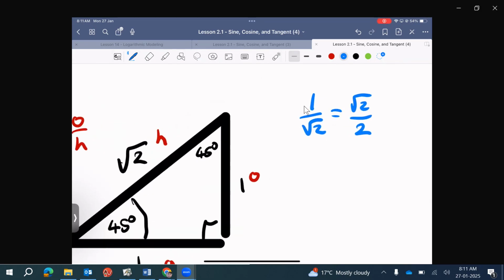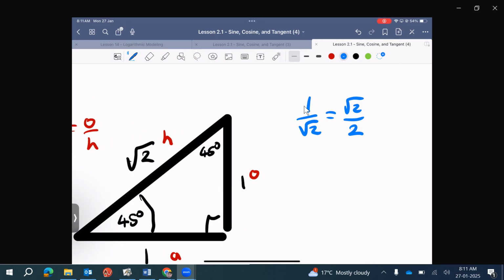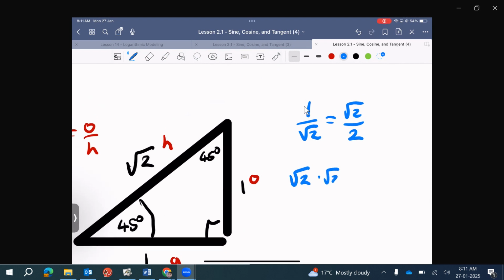You make the denominator rational. Typically on this course, the denominator should be rationalized. She does this by the fact that root 2 times root 2 is 2.